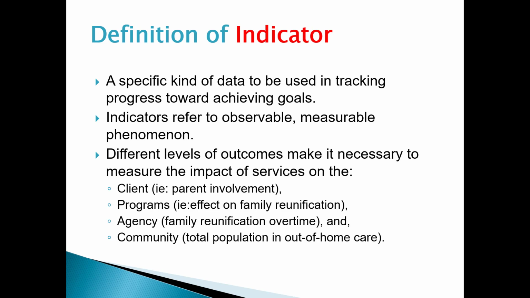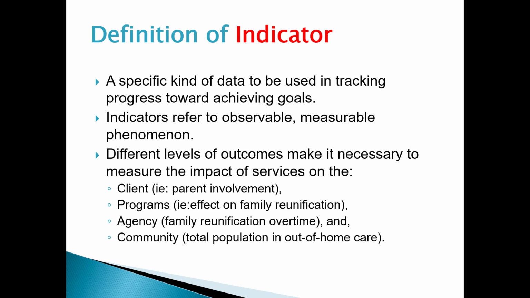Family reunification would be an indicator that over time, our agency, through the program and our work with clients at the individual level, has been able to influence positive and healthy functioning families that have less interaction in the social services system.